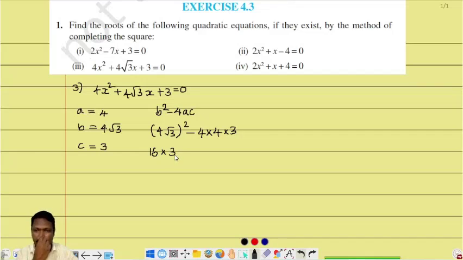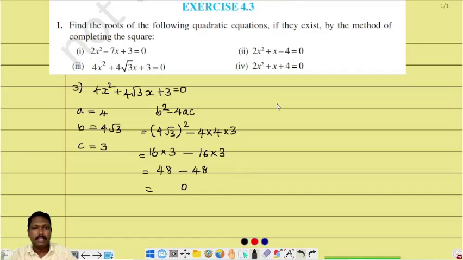So 16 into 3 minus 4 into 4 into 3, that is 16 into 3. See, both numbers are same, so we will get 0. So 48 minus 48 will be 0. So we got b squared minus 4ac will be 0.